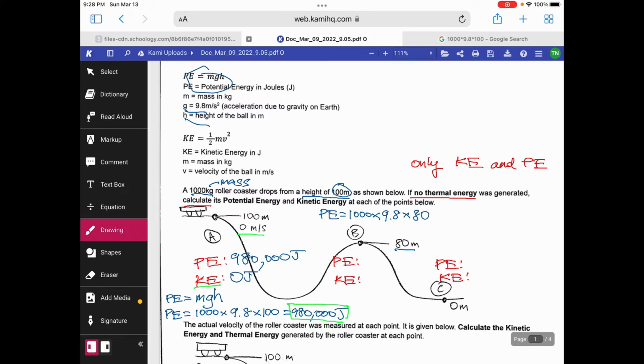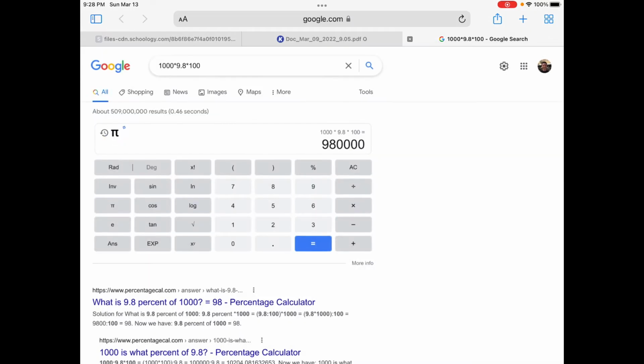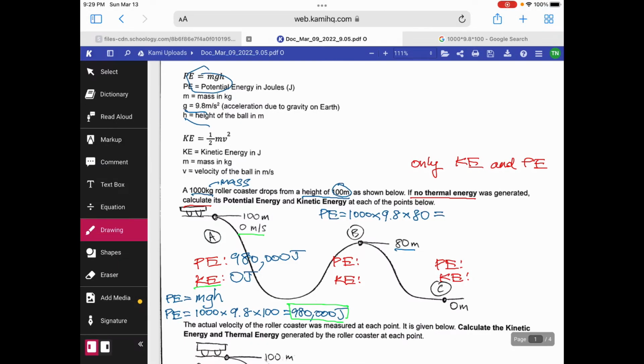And so that equals 1,000 times 9.8 times 80 equals 784,000.